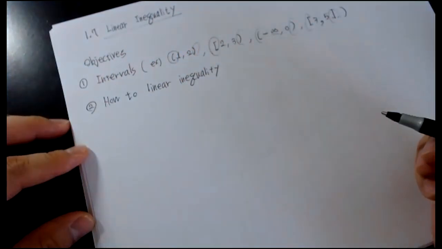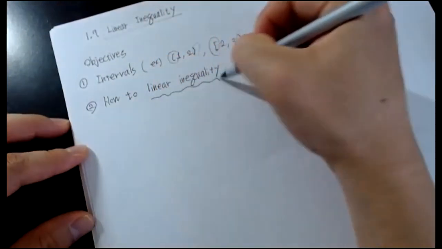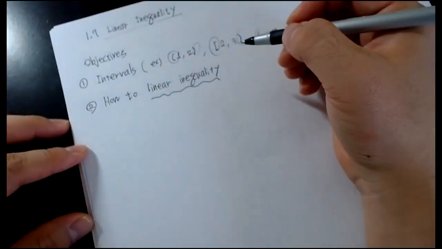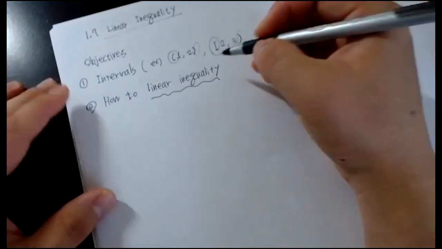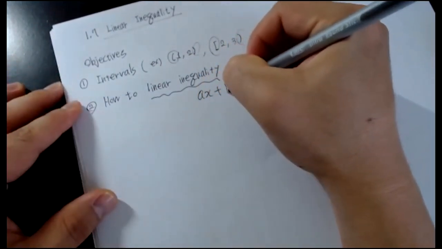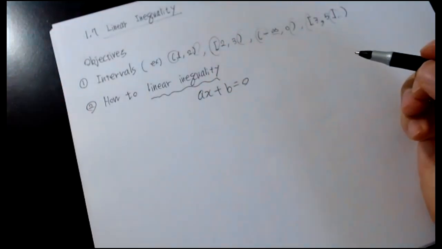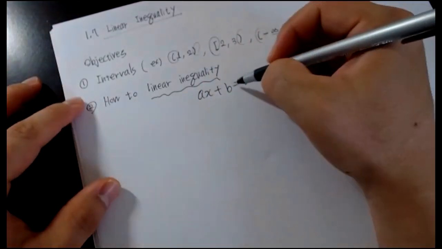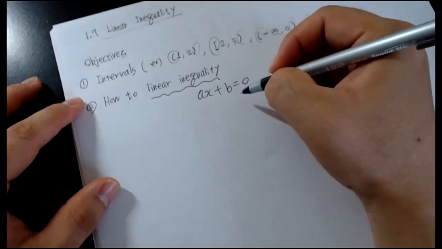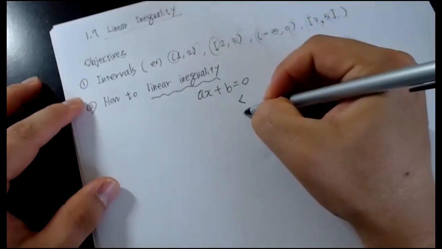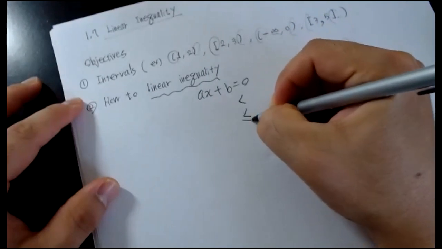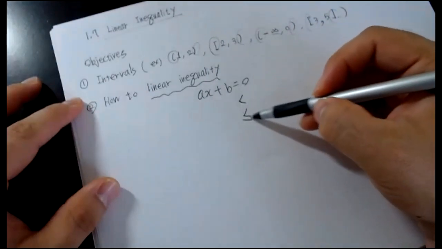Next, we need to study how to solve linear inequalities. So what's a linear inequality? Think about this: a linear equation with one variable was ax plus b equals 0, the standard form of a linear equation, right? Instead of the equal sign, we replace it with less than or equal.